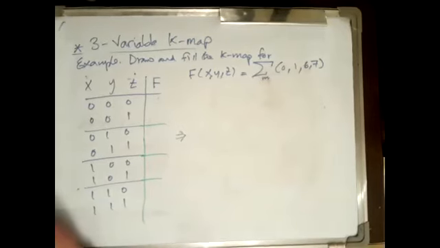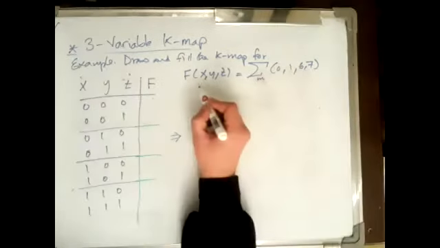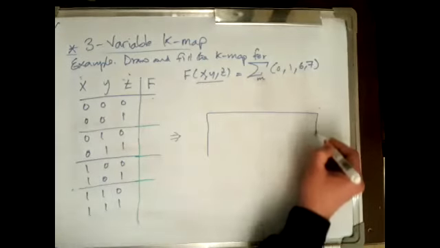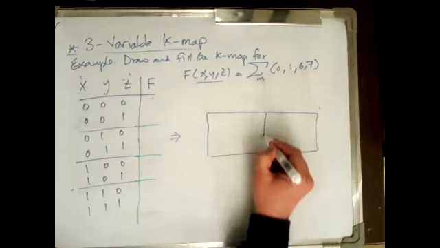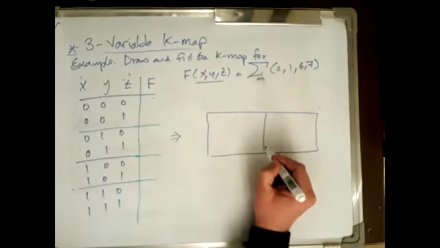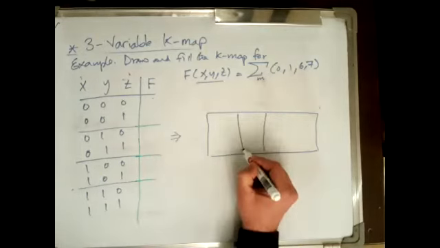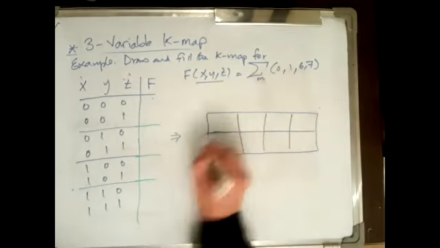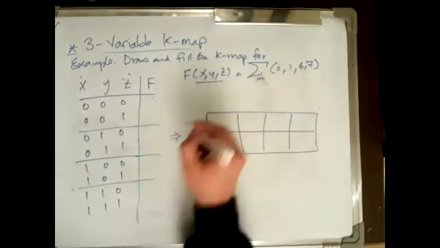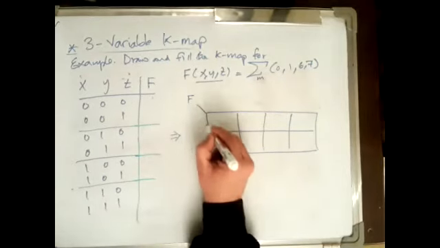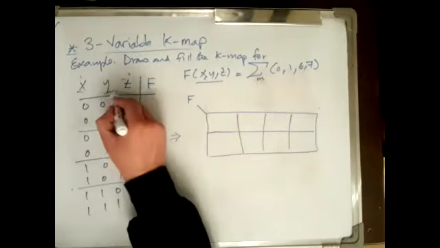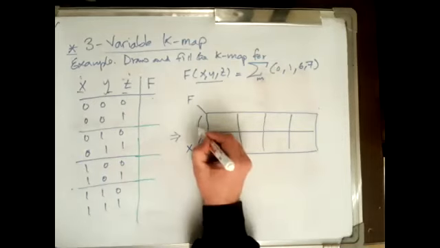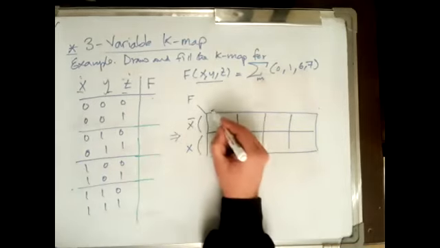So it's very straightforward. Function of three variables. We draw the three variable K-map. This is the three variable K-map. This is for function f. We have x, y, z. So this is x. This is x bar. This is y bar.